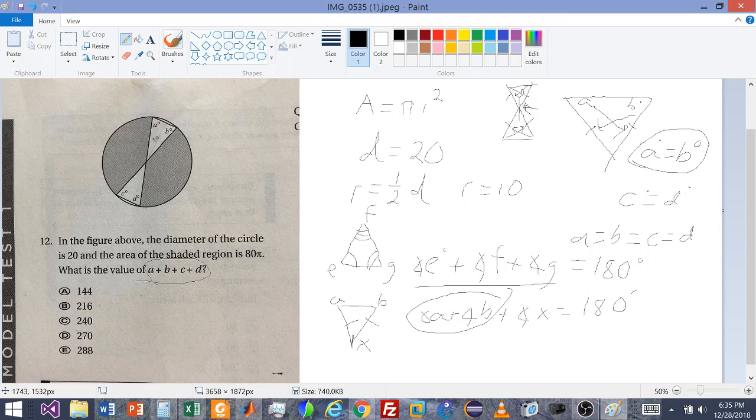Because their opposite sides are the same. So as a result of that, we can say, in fact, 2 times angle A, or 2 of angle B's, plus angle X equals 180.